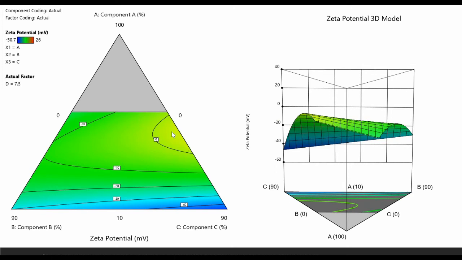How we see that is this is actually a positive Zeta potential. Down here, this is a -40 Zeta potential. Up here, we're getting into maybe +5 to +10 Zeta potential, which tells us the fiber is getting more and more positive because more and more of our debonder is going to the fiber.